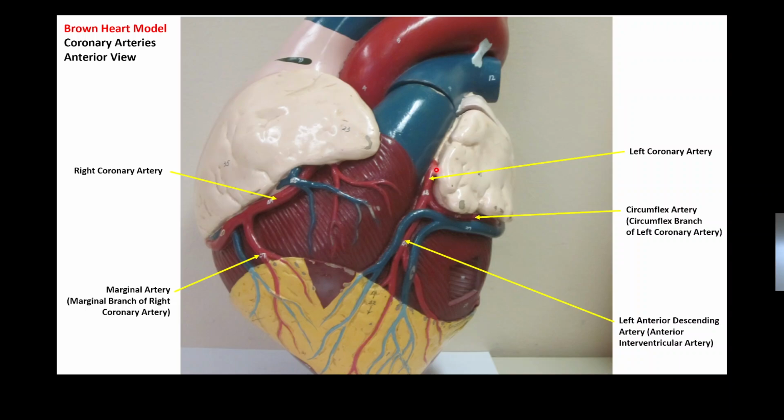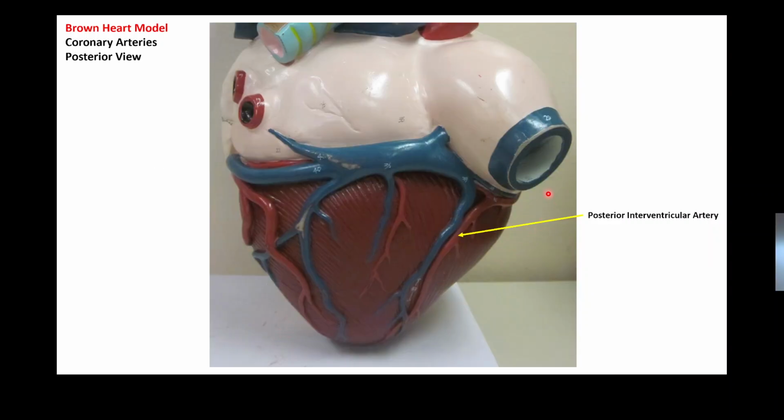Okay, so again, left coronary artery, two branches you need to know, circumflex and the LAD. The right coronary artery, two branches, the marginal artery, we see that in the front going along the edge over here, and then we turn the heart around and it terminates as the posterior interventricular artery.